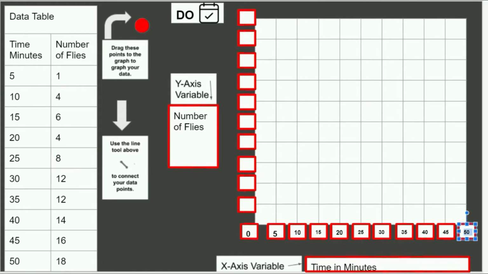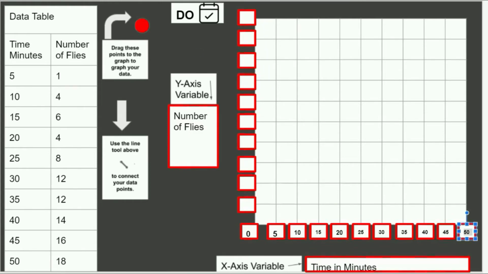Let's do the same thing for the scale for the number of flies. I'm going to take my largest data point, which in this case was 18, and divide it by the number of increments. If I look here, I have 1, 2, 3, 4, 5, 6, 7, 8, 9, 10 increments.